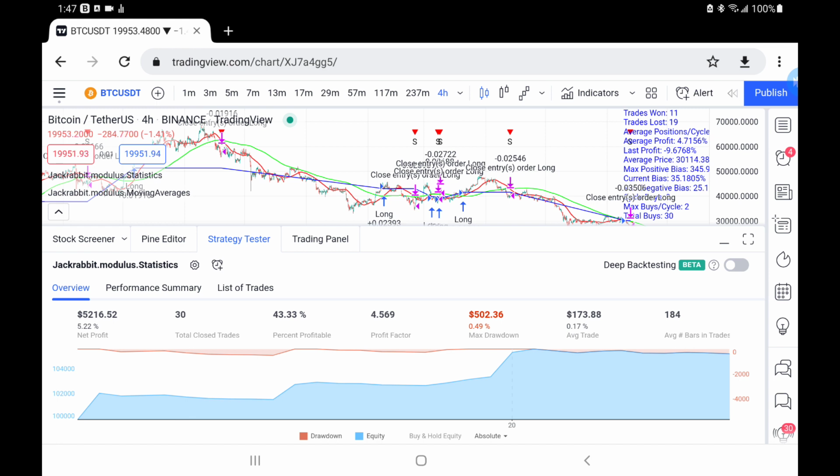In fact, it took 19 losses and only 11 wins. And yet it made money. How is it possible it lost more than it won and still came out with such a huge profit? Because the trend didn't work for you. The trend didn't point you in the right direction.